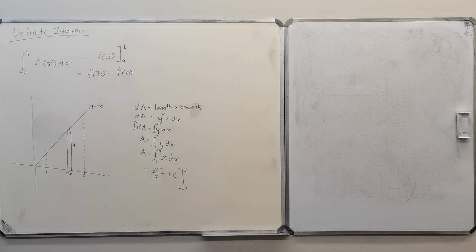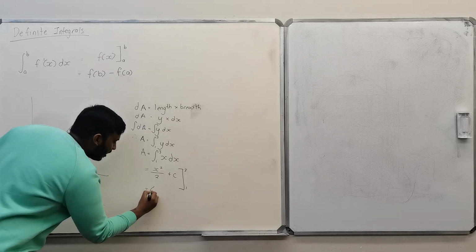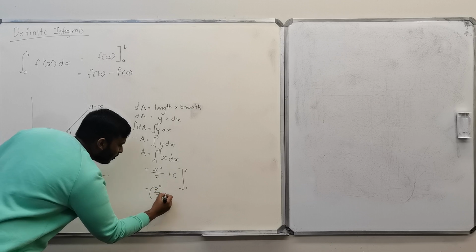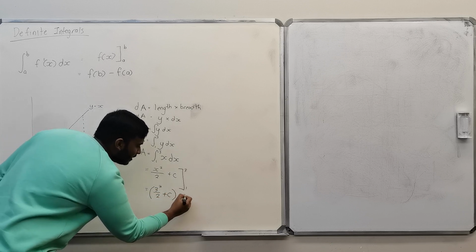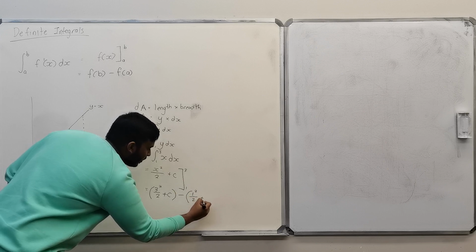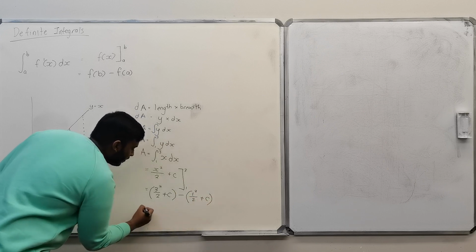And remember what I told you? When you're using your upper and lower limits, it's your upper limit minus your lower limit. All still with me? So you would write this out as 3 squared over 2 plus c, minus 1 squared over 2 plus c.